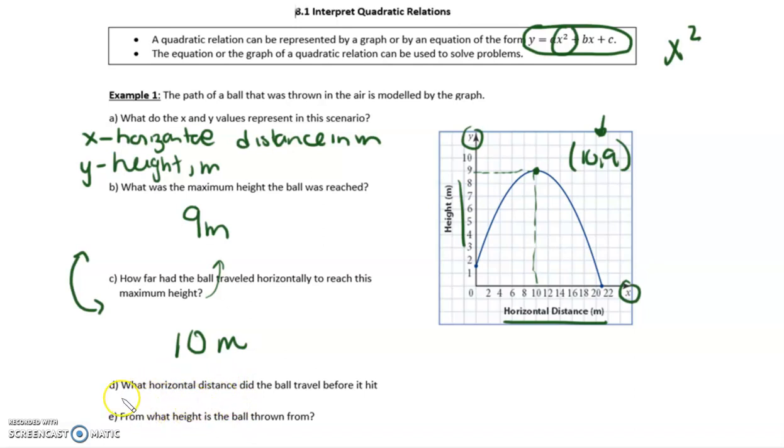Now, D, what horizontal distance did the ball travel before it hit, I'm gonna say a maximum. Sorry, this is the ground. Okay, so before it hit the ground, it started at a horizontal distance of 0, and it went all the way to, that's between 20 and 22, so that's 21 meters.